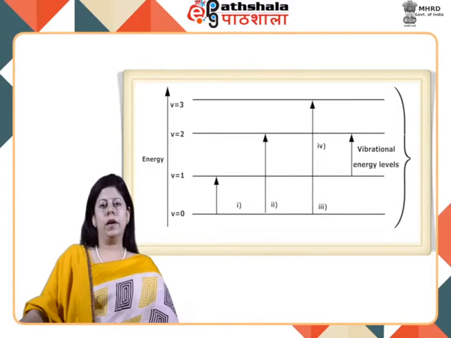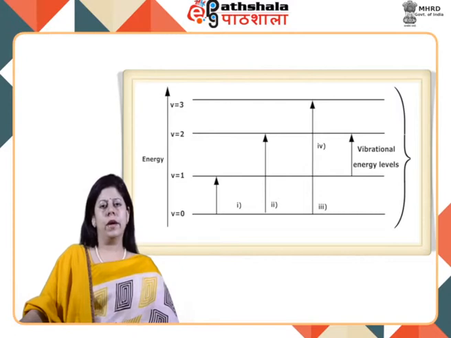But at higher temperatures such as 200 degrees centigrade, the first excited vibrational energy level, that is V equals 1, is also populated appreciably, and the transition from V equals 1 to V equals 2 will give rise to a weak band in addition to the V equals 0 to V equals 1 transition.